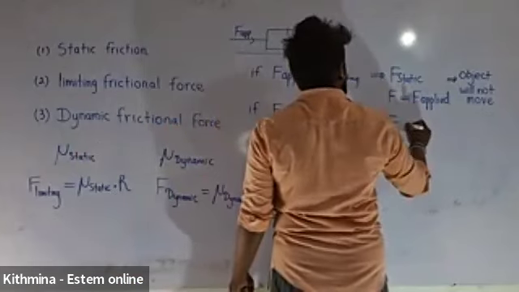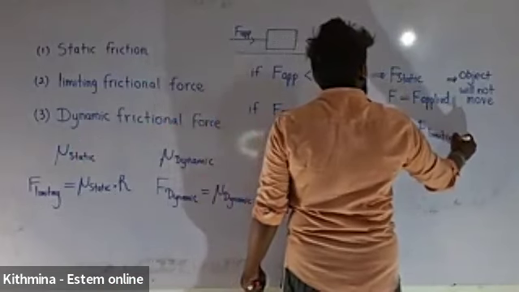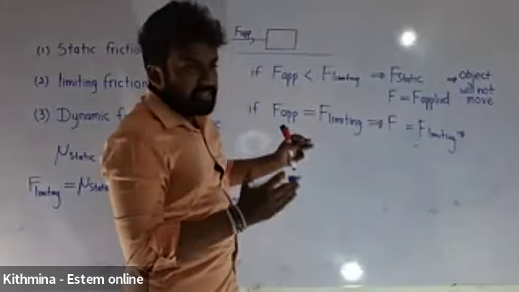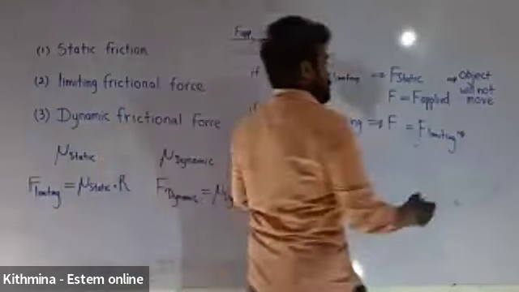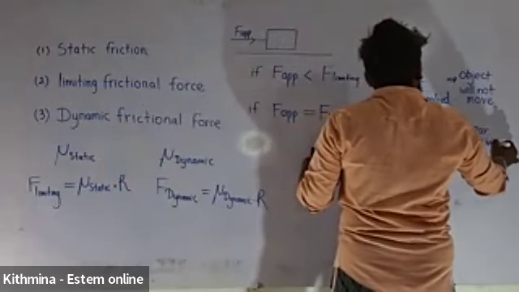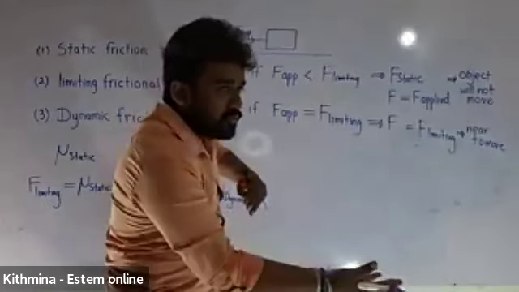Now, F equals F limiting. This means it is near to move. After a little time, the object will move.